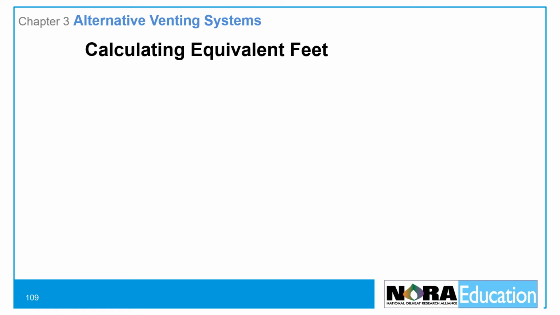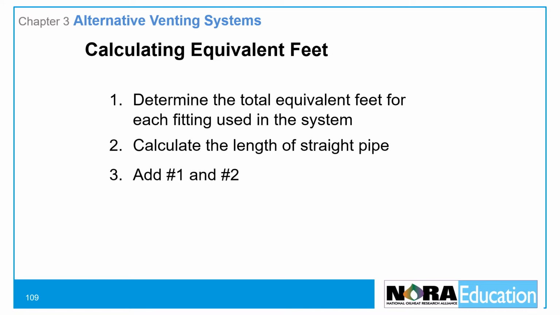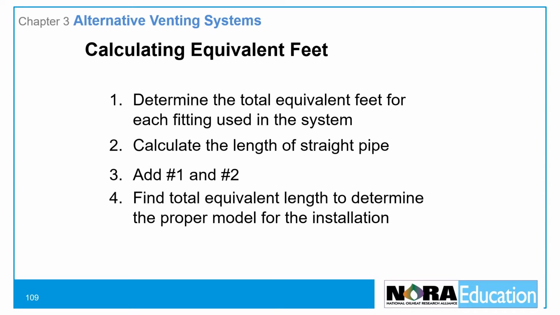To determine the total equivalent feet, refer to the charts in the manufacturer's manuals to determine the total equivalent feet for each type of fitting used in the venting system. Calculate the total length of straight lengths of pipe. Add the equivalent feet of the fittings to the total length of the straight pipe to determine the total equivalent feet of the vent system. Find the total equivalent feet to determine the proper model for installation.